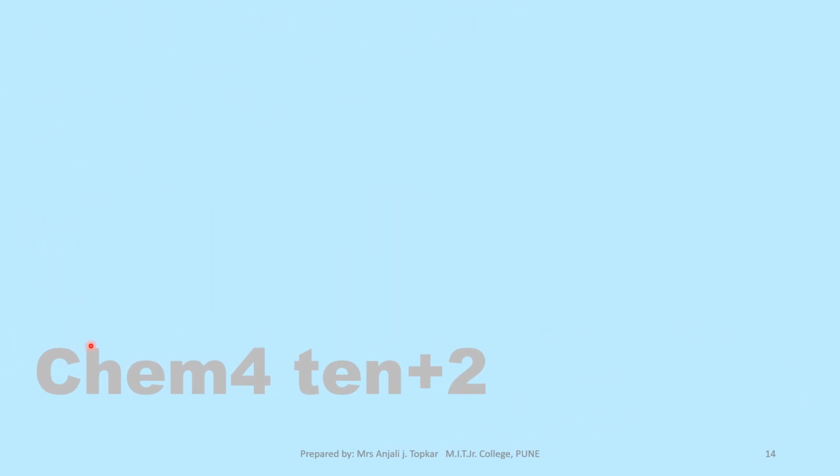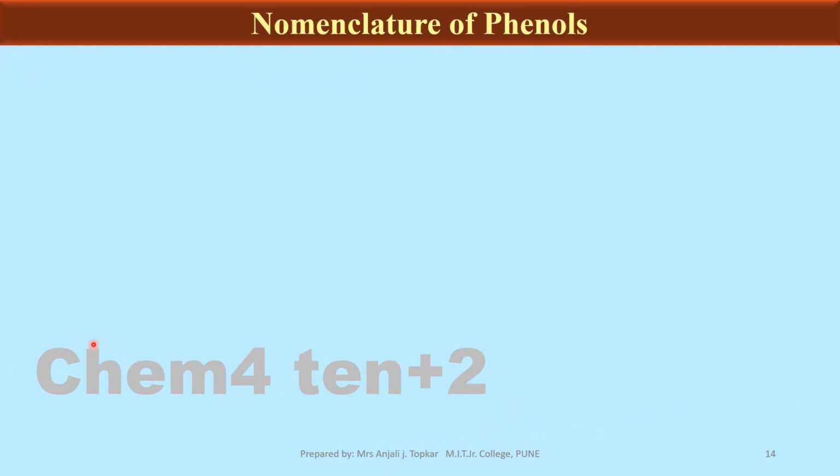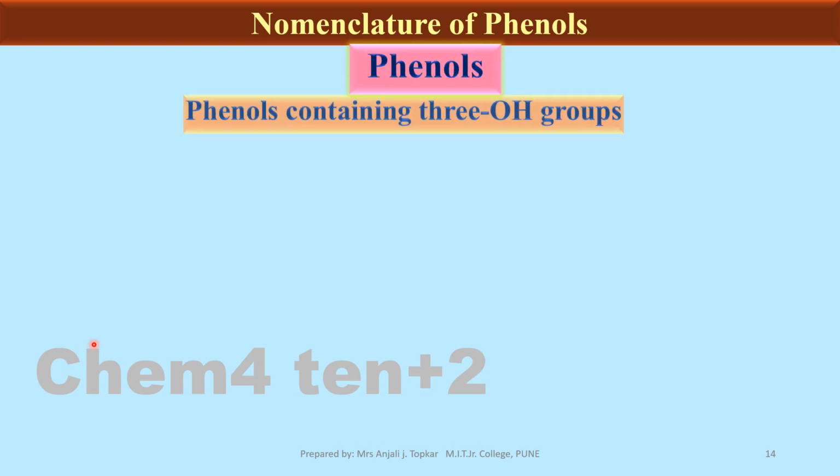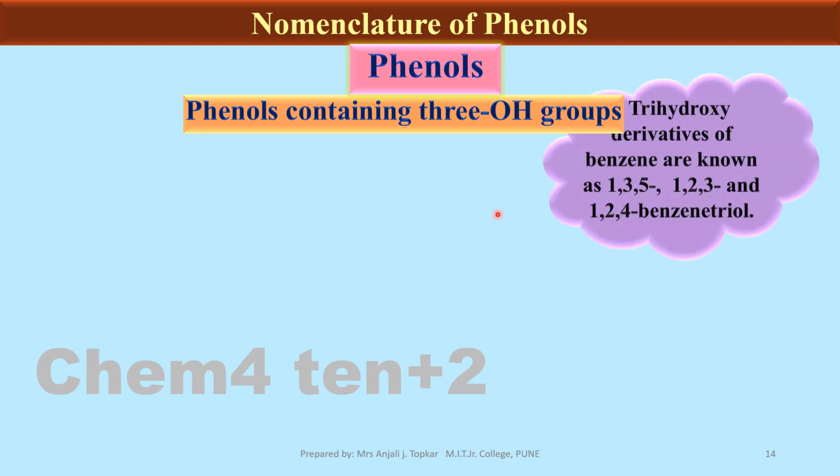Let's talk about nomenclature of phenols which contain 3 OH groups. These are trihydroxy derivatives of benzene, which are known as 1,3,5, 1,2,3 and 1,2,4 benzenetriol.